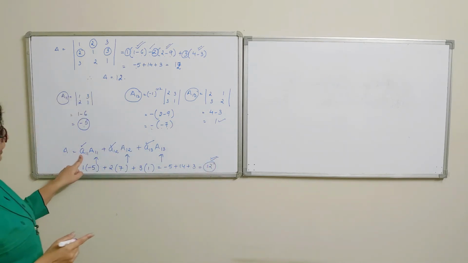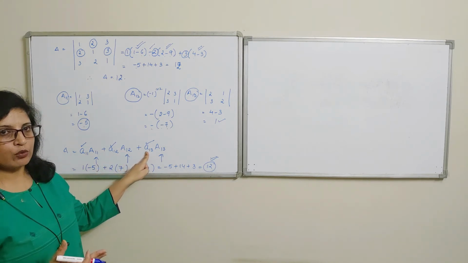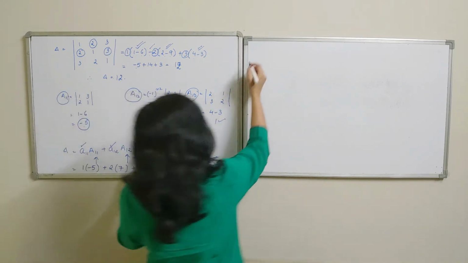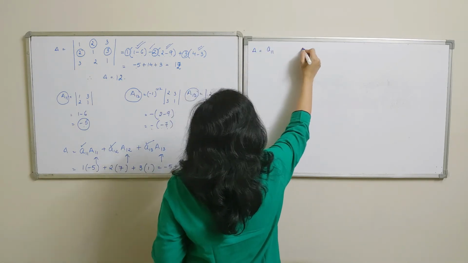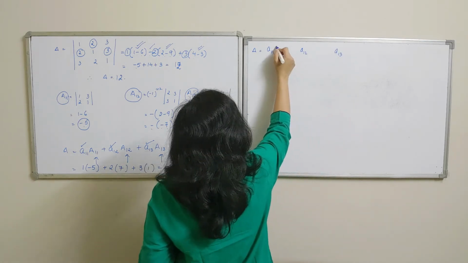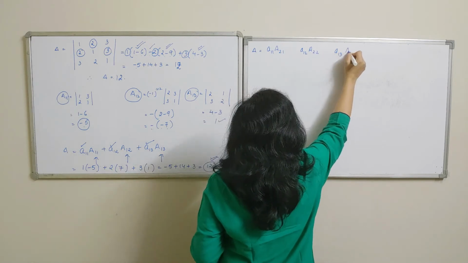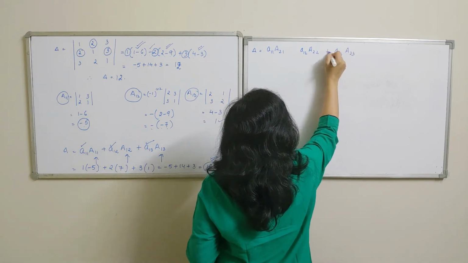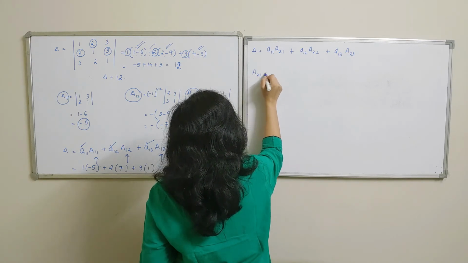What happens if we multiply, say, row 1 elements by the cofactors of the second row? Then what will happen? So what I'm trying to find out here is elements of the first row, which are these, and these elements are multiplied by cofactors of the second row, this. So here for convenience sake, let's find out the cofactors first.